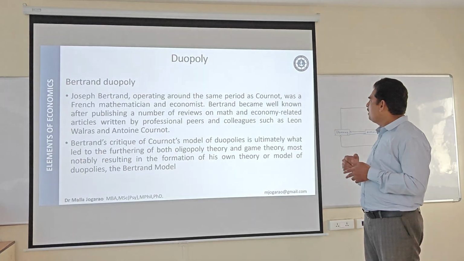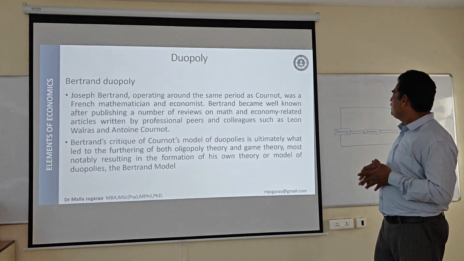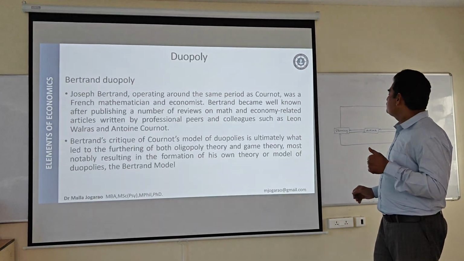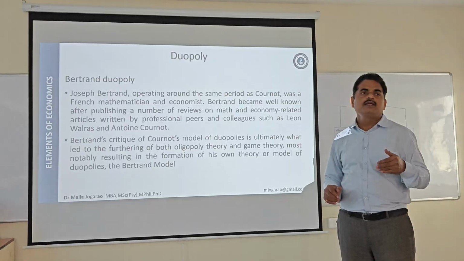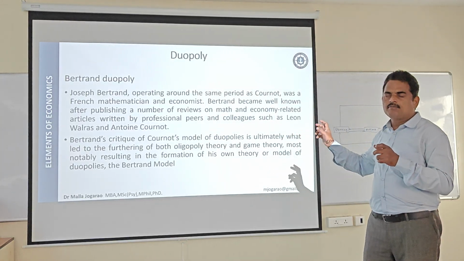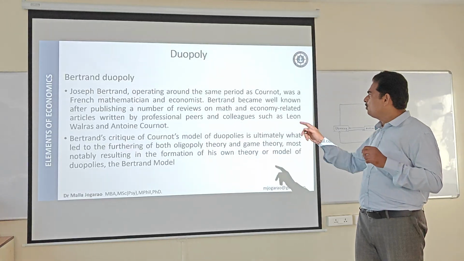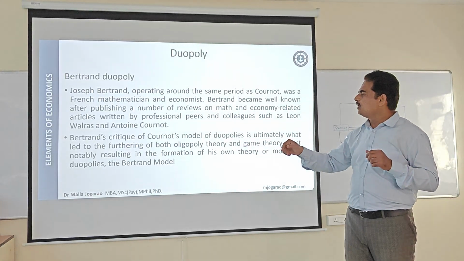In oligopoly theory and game theory, this is most notably the resulting formation of a theory of the duopoly model. That is the main concept and aim of creating the duopoly model under Bertrand.